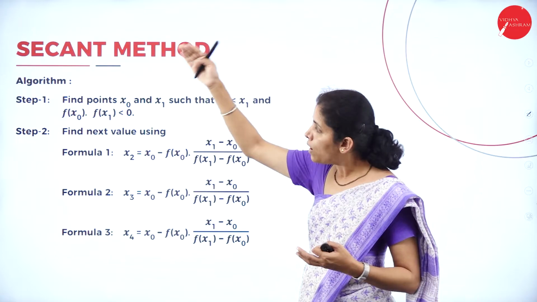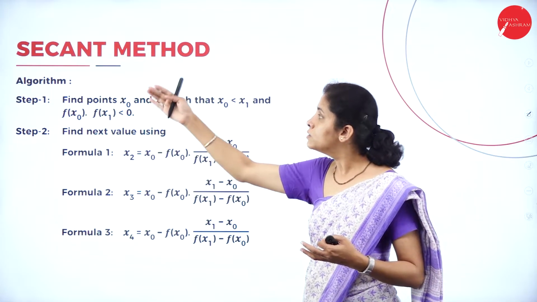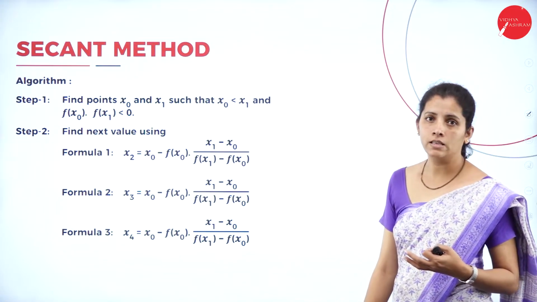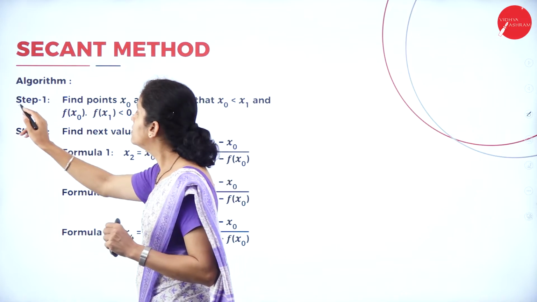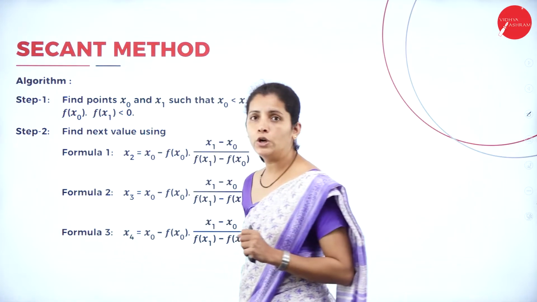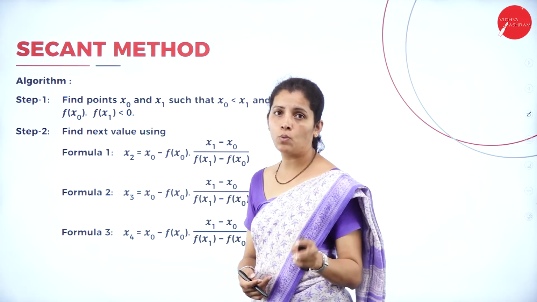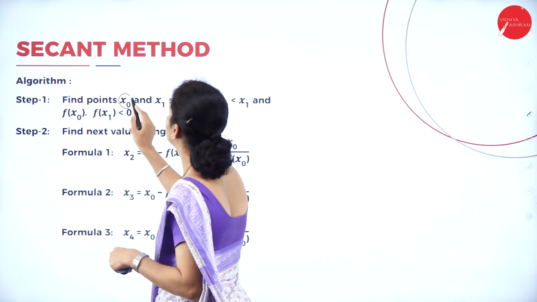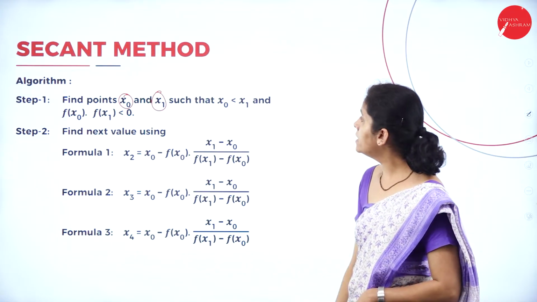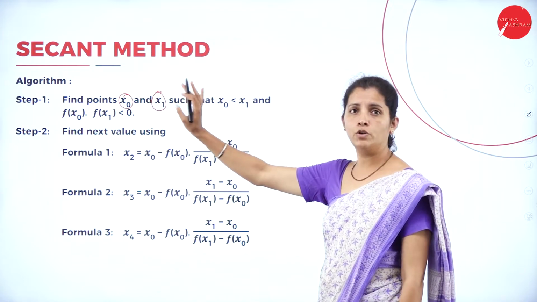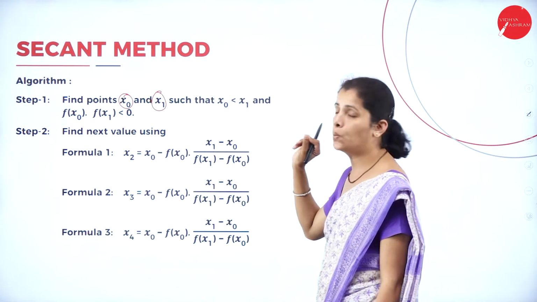Now, what are the steps I need to follow to use the secant method? So, what is my algorithm here? In that, the first step is that I want to find 2 values. What are the 2 values? That is x0 and x1. x0 must be smaller than x1.